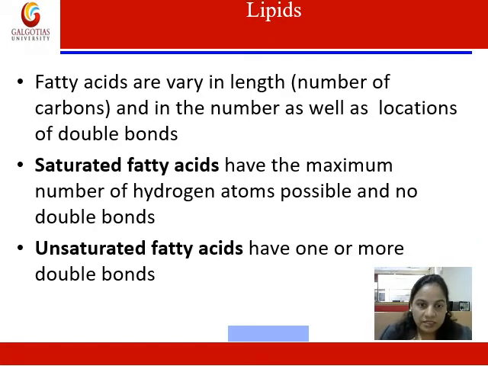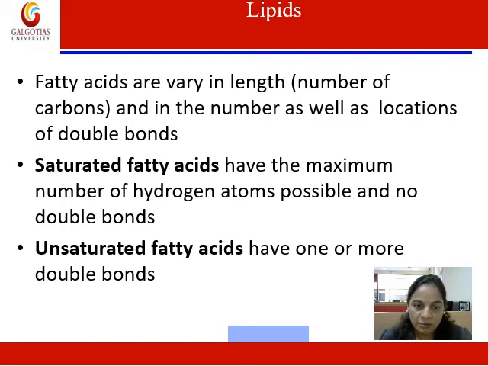The fatty acids are very long. It is a network of hydrocarbon long chains, and the number as well as the location of the double bonds are defined as per the type of fatty acid taken for the reaction. It can be divided into 2 types. One is saturated fatty acids, another is unsaturated fatty acids.